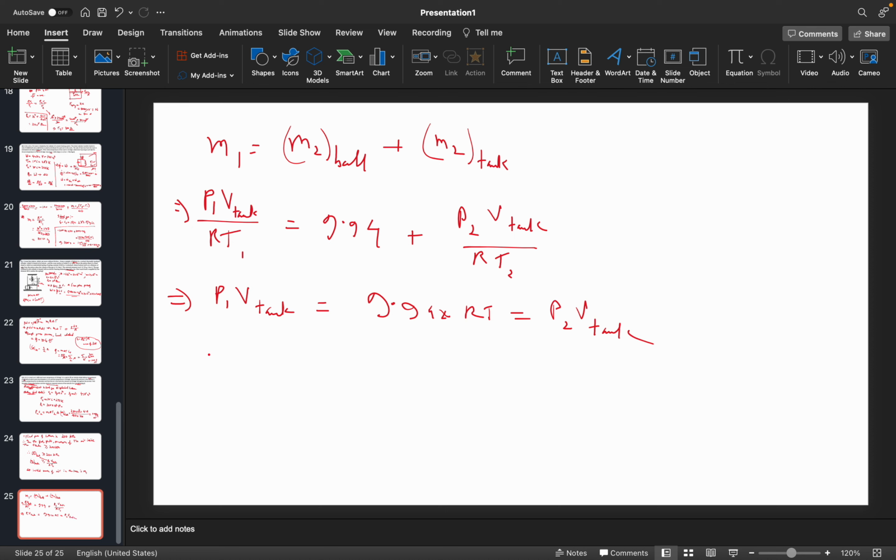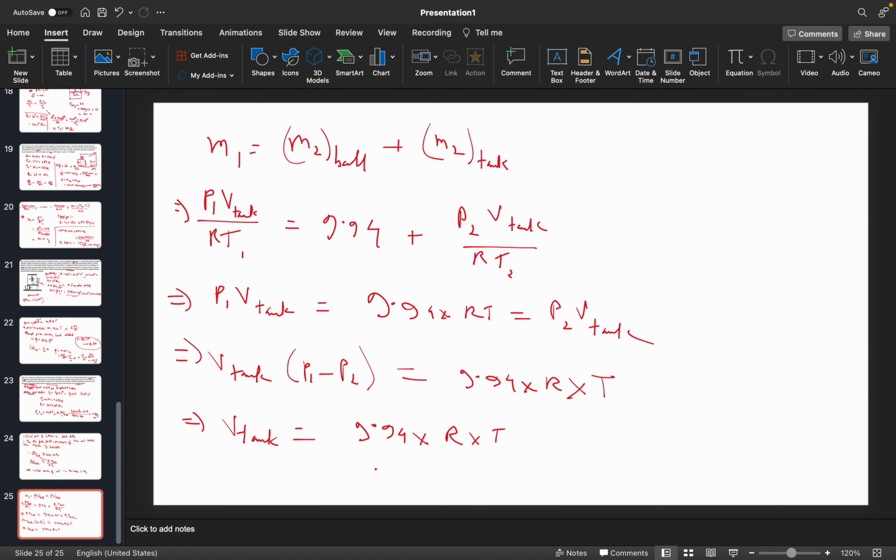Okay, so from here if we take V tank common, what we will get? P1 minus P2, and this will be equal to 9.94 into R into T. So from here V of tank will be equal to 9.94 into R into T divided by P1 minus P2.